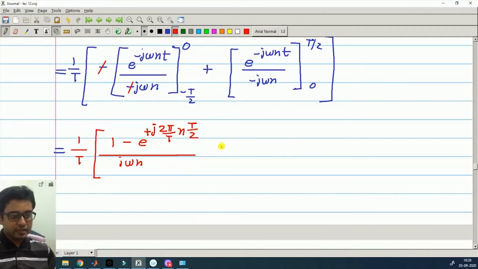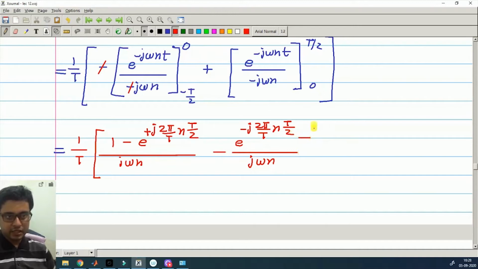Okay, then the next term, this minus, let's keep it here, then j omega n, and this is e to the power minus j 2 pi by T in place of omega, then n, then in place of T we have T by 2, and then minus e to the power 0 is 1.